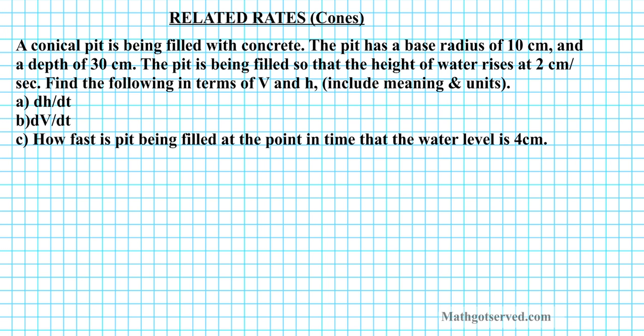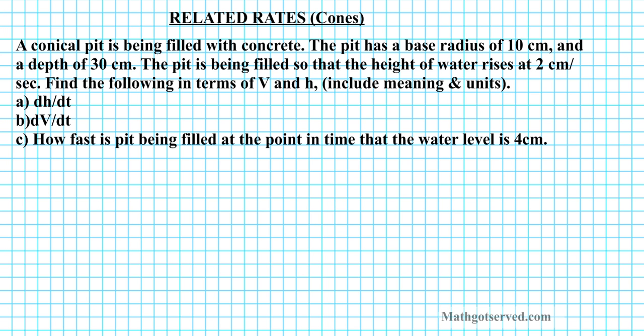Find the following in terms of V and H, including meaning and units. So we are to find the dH/dt and the dV/dt, and part C, how fast is the pit being filled at the point in time the water level is 4 centimeters. All right?